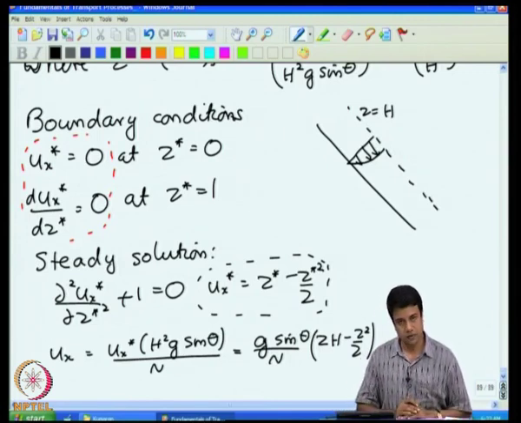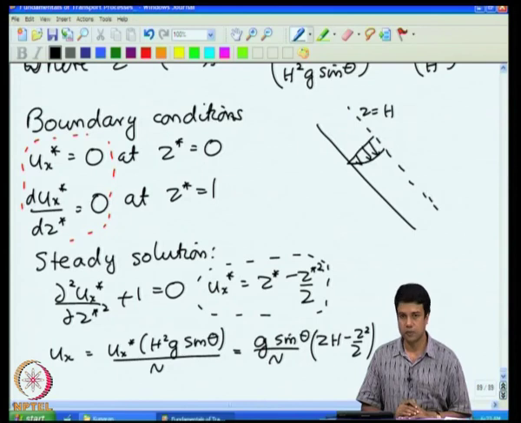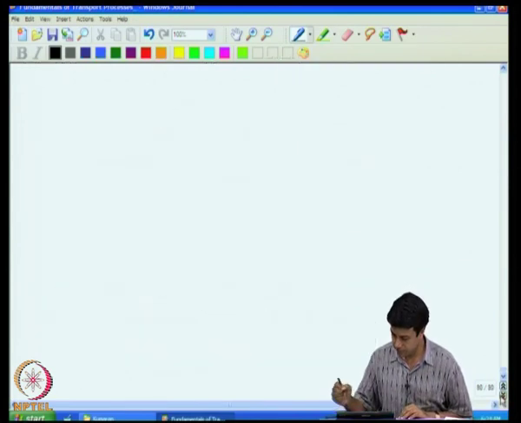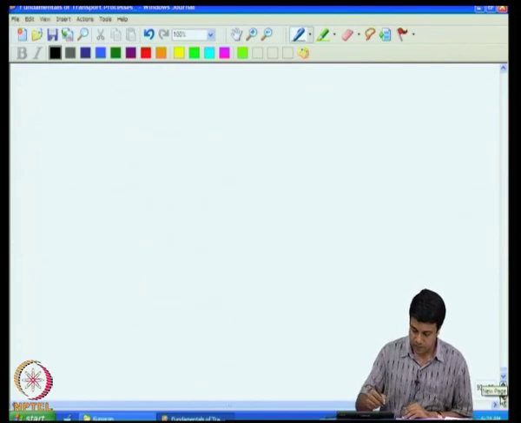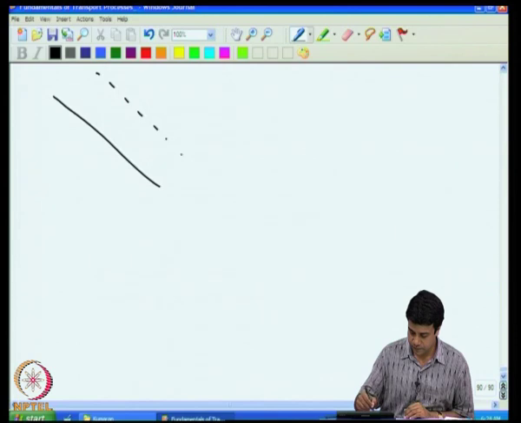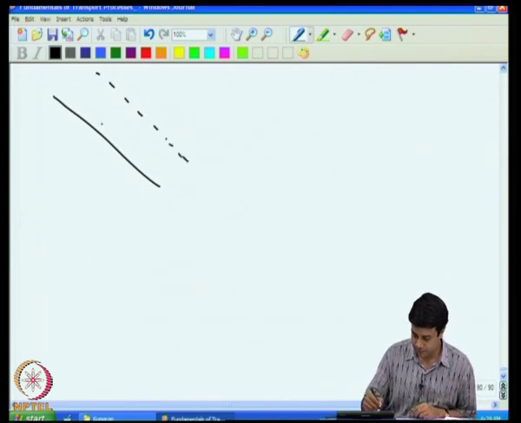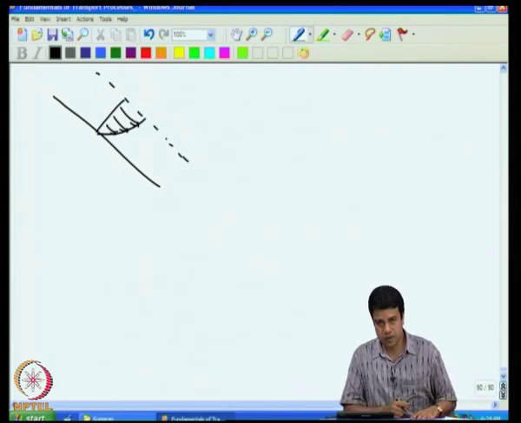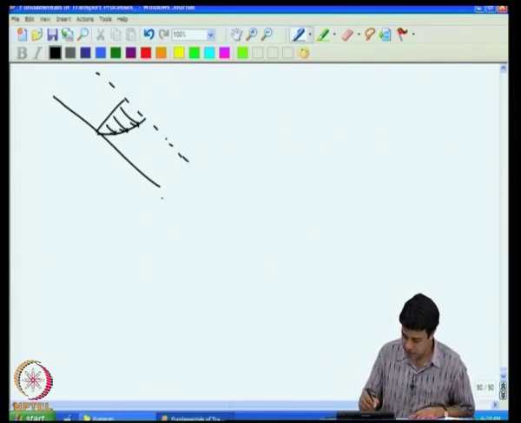Now, this is the steady solution. Now, what about the unsteady solution? So, we can consider, for example, the flow down an inclined plane. This is the final steady solution, and the solution satisfies the boundary conditions at z is equal to 0 and z is equal to h.